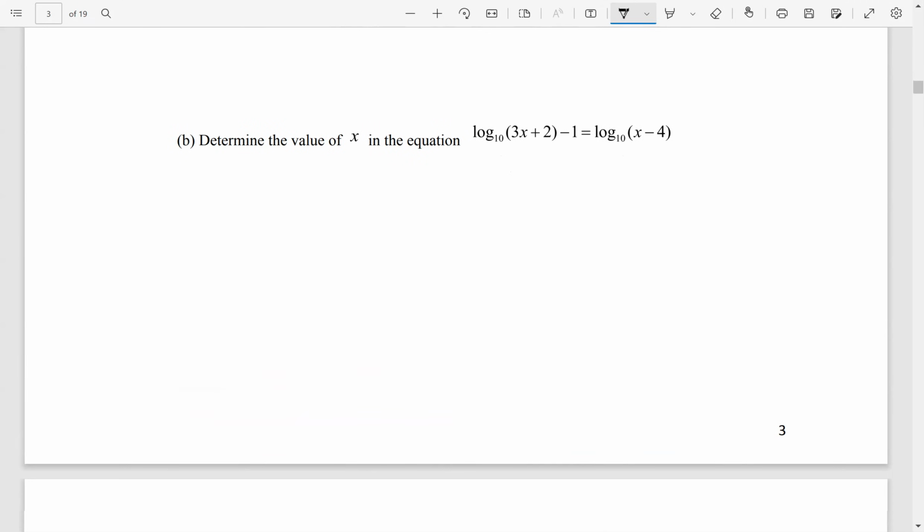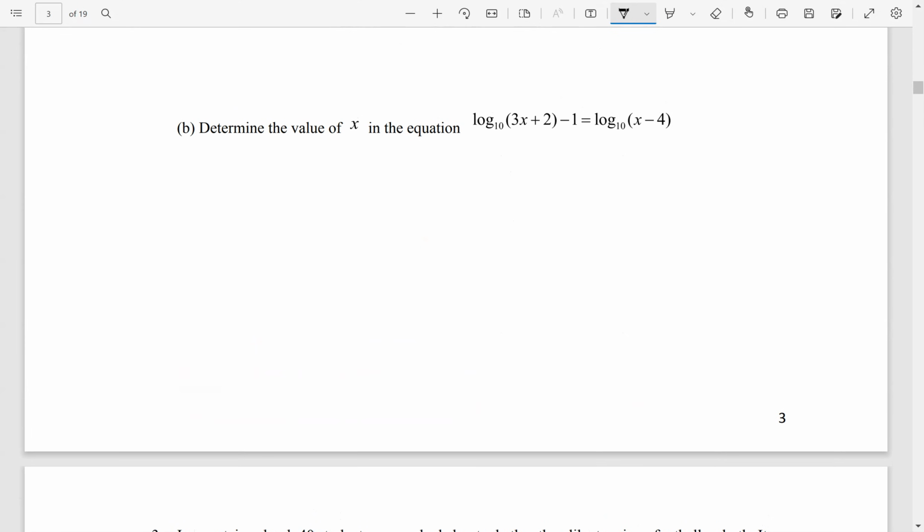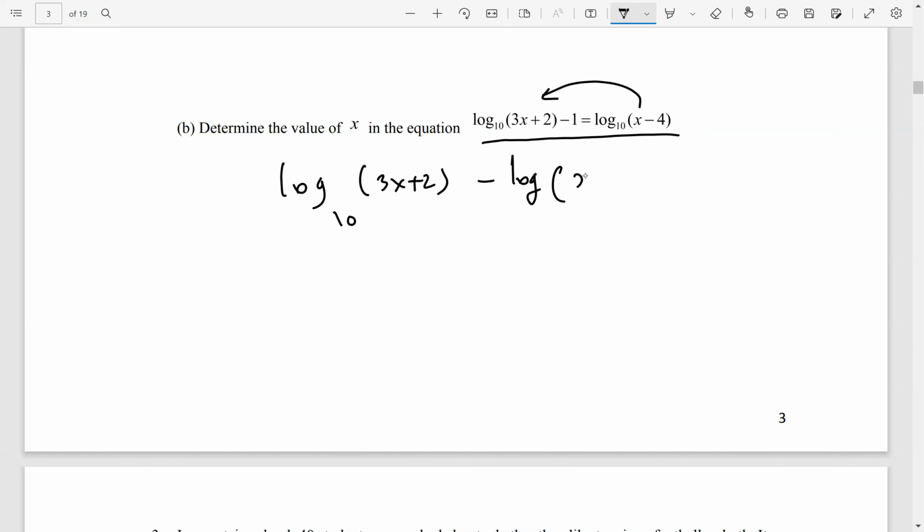The next one, determine the value of x in the given equation. So from this equation, I'm going to take this to this side. So you're going to have log 3x plus 2 base 10 minus log x minus 4 base 10 equals 1.